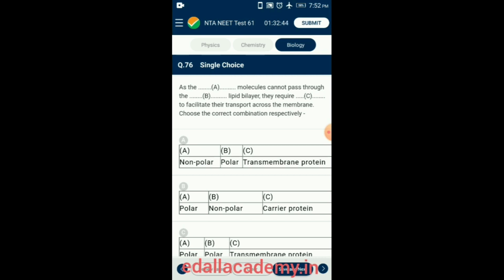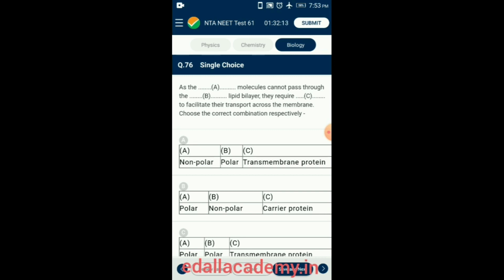Water may also move across the membrane from higher to lower concentration. Movement of water by diffusion is called osmosis. As polar molecules cannot pass through the non-polar lipid bilayer, they require a carrier protein of the membrane to facilitate their transport across the membrane. A few ions or molecules are transported across the membrane against the concentration gradient, from lower concentration to higher concentration.